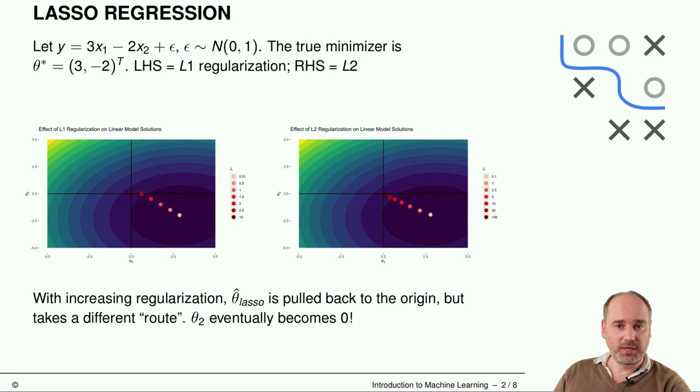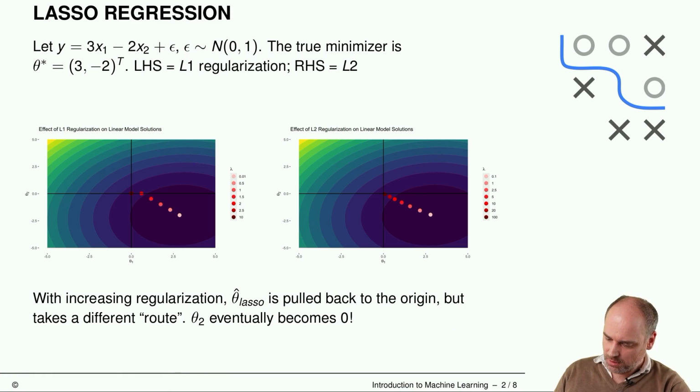We are now looking at very simple examples as for the L2, pretty much the same examples. I'm using again this super simple data generating process, 3x1 minus 2x2, with some Gaussian error added in. We know where the true parameters are, and we now take a look at what happens if we regularize with L1.